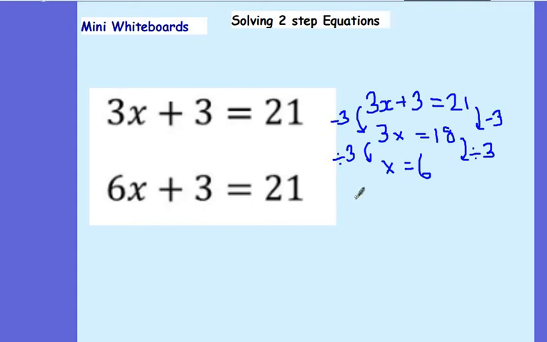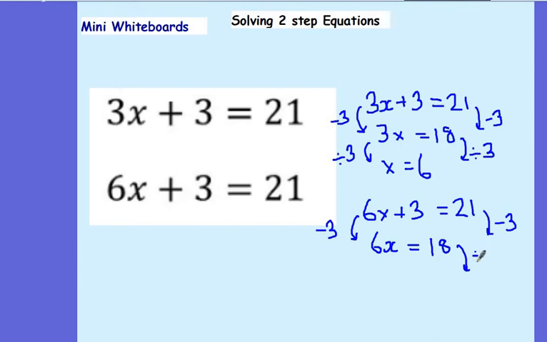Second example, this time I've got 6x plus 3 equals 21. I'm going to start in the same way. I'm going to subtract 3 from both sides, which leaves me with 6x is equal to 18.